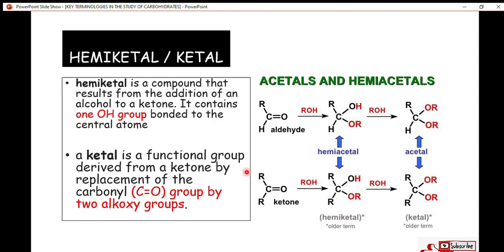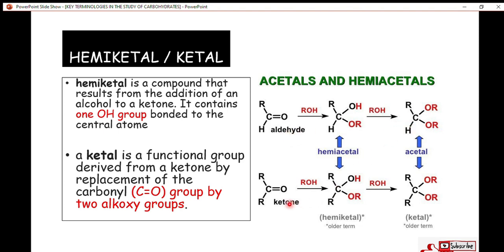Okay, and in the ketal, we have a functional group derived from the ketone by replacing the carbonyl functional group with two alkoxy groups. So we add two alkoxy groups, so two RO groups, that's OR groups, to this ketone. In that case, we are converting the OH over here also to OR groups. So it's the same as converting the aldehyde to an acetal.